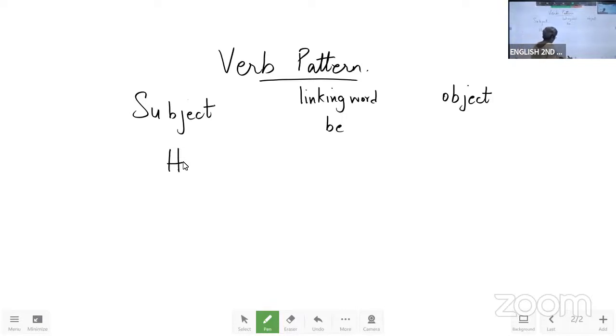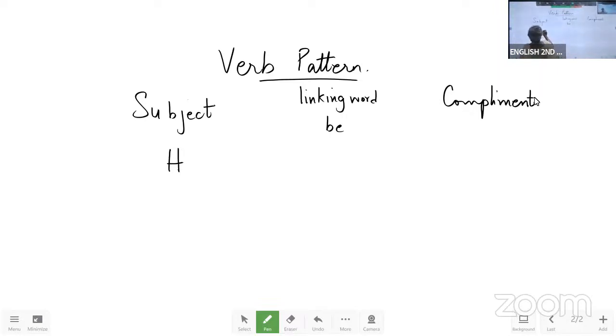Let's, before that, I'll start with subject complement. Now, what is complement? It tells you something more about the subject if it's a subject complement. If it's an object complement, it talks about the object, and so on.